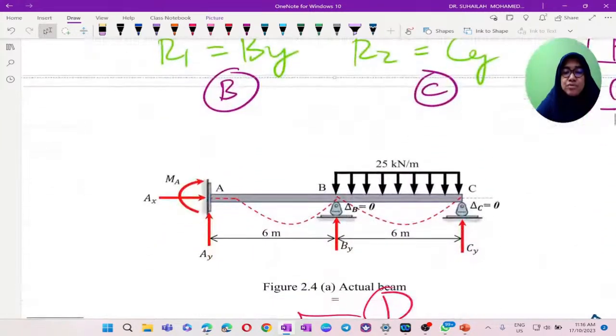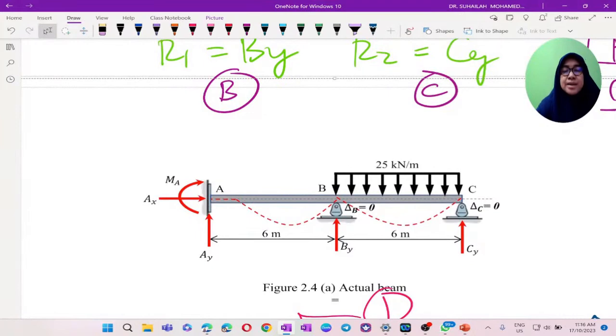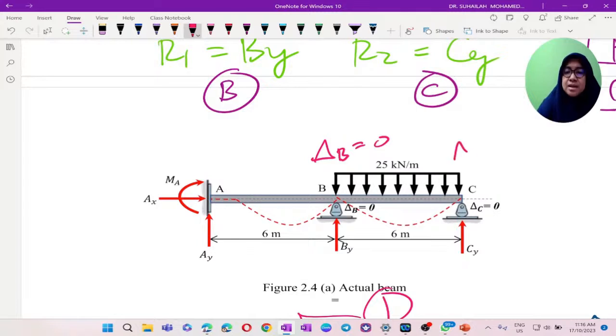So we will have to draw the deflection in actual beam. So at B in actual beam, here is delta B is equivalent to 0 and delta C is equivalent to 0.